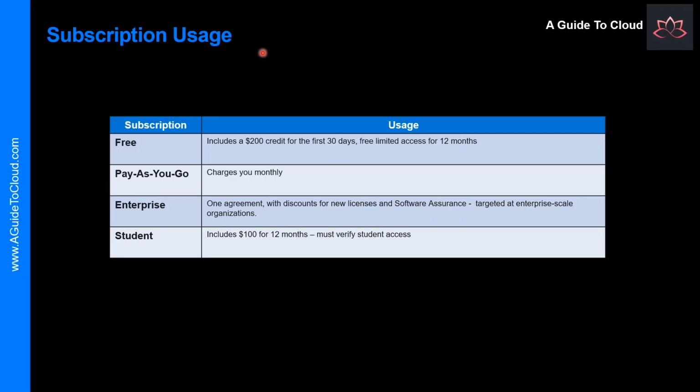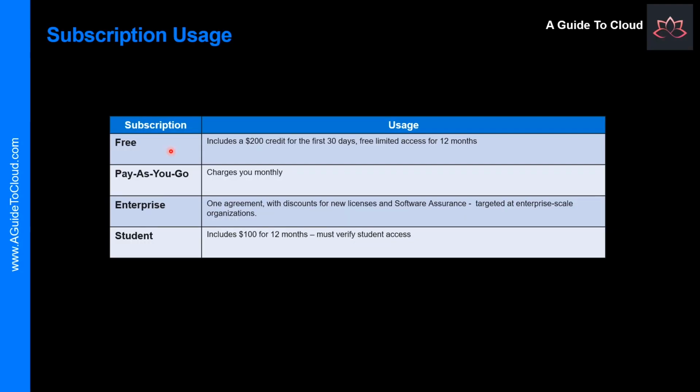Let's understand some of the ways you can monitor the Azure subscription usage. Azure offers free and paid subscription options to suit different needs and requirements. Some of the most common subscriptions are free, pay-as-you-go, enterprise, and student.